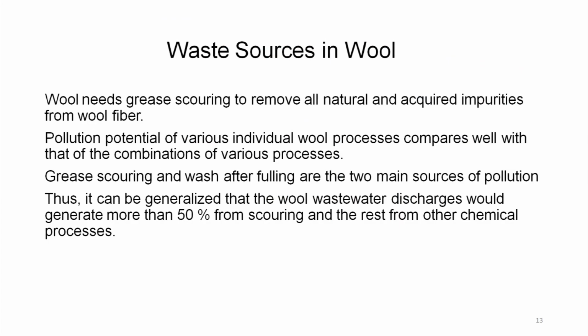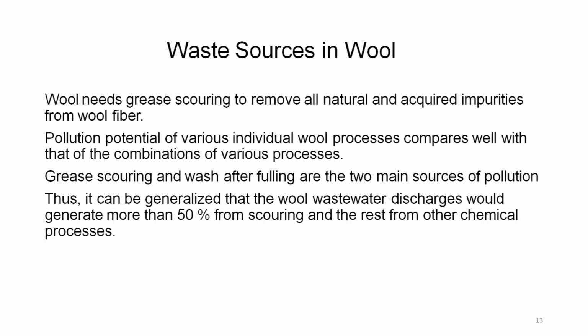Now, when we look at waste sources in wool, wool needs grease scouring to remove all the natural and acquired impurities from wool fiber. Pollution potential of various individual processes compares well with that of the combination of various processes. Grease scouring and wash after fulling are the two main sources of pollution.